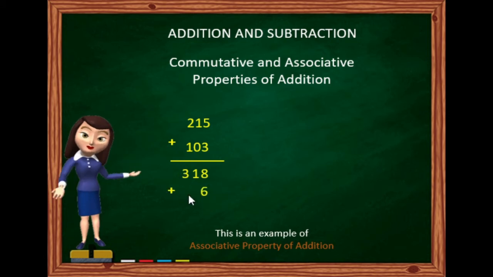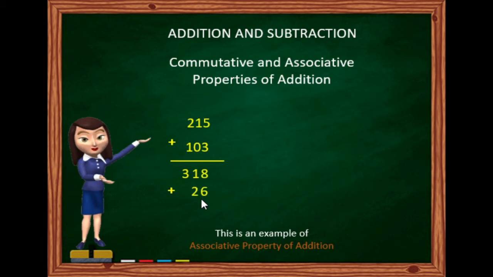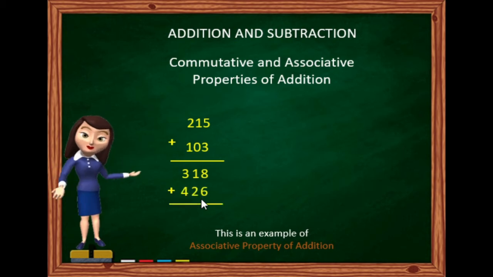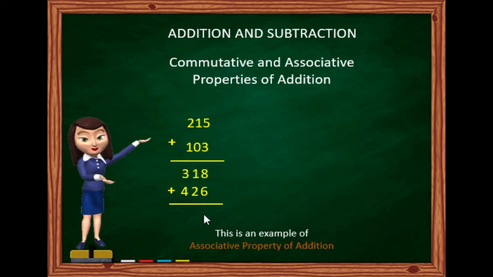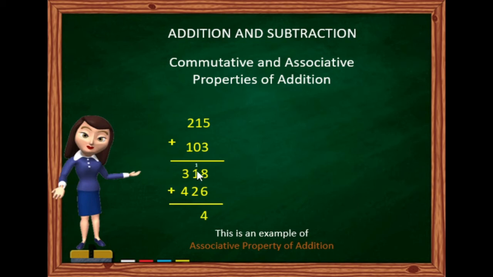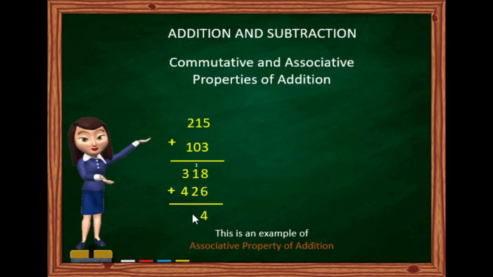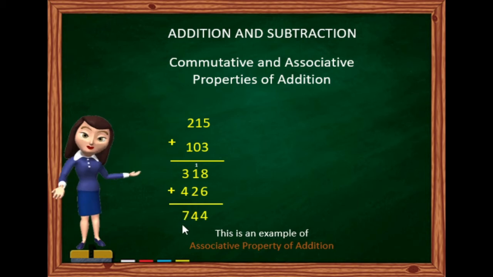Plus 624. 8 plus 6, 14. Bring down 4, carry 1. 1 plus 1 is 2, plus 2 equals 4. 3 plus 4 equals 7. Our first sum here is 744.